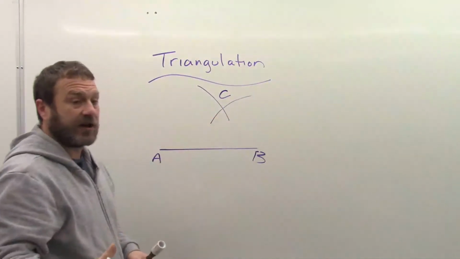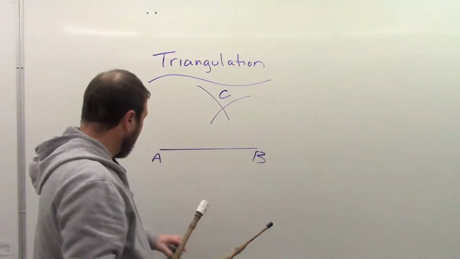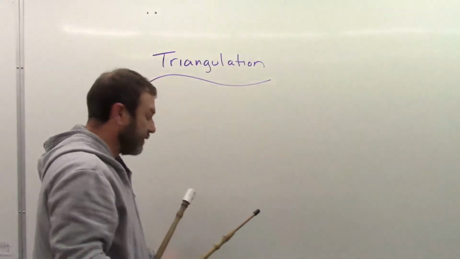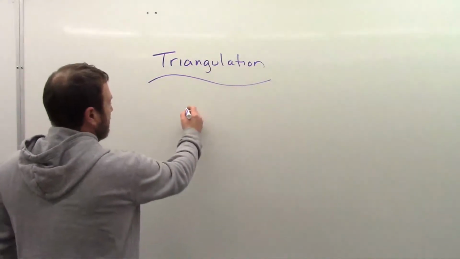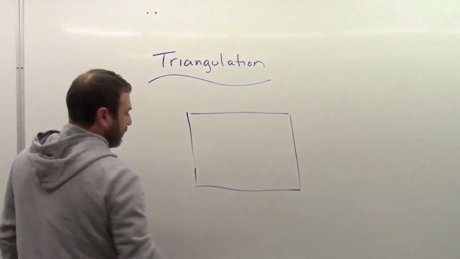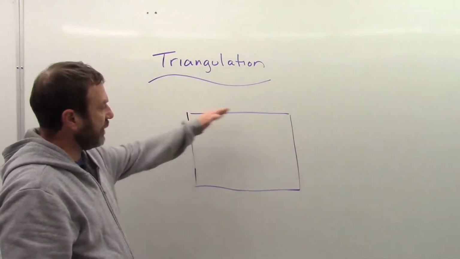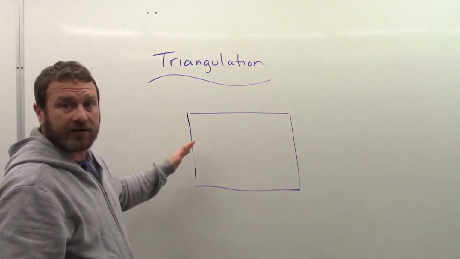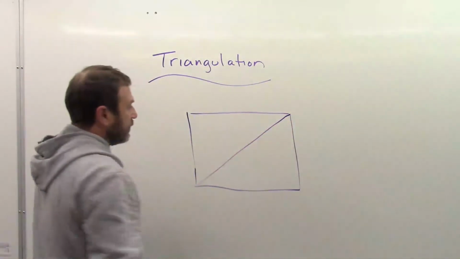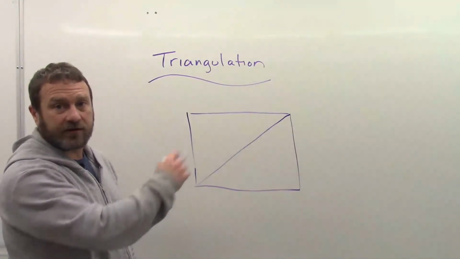We can split other shapes into triangular shapes to help us out in doing sheet metal work. So if we had, say, something like a wall, and we need to panel this wall, and we know in construction that it's probably not exactly 90 degrees in the corners and things like that, we can split that into triangles and triangulate, measure our wall, measure the lengths we have.